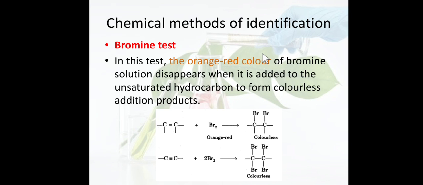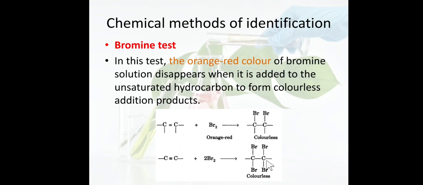Why does this happen? As you know, the bromine molecule, that is Br2, has an orange red color, but if the addition reaction happens across the double bond, the product becomes an alkyl halide and it is colorless. So friends, the bromine is no longer remaining Br2, it is added over the double bond or even triple bond.